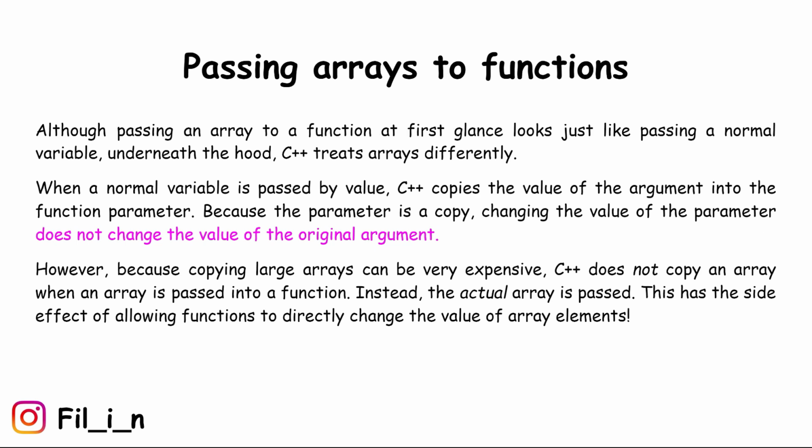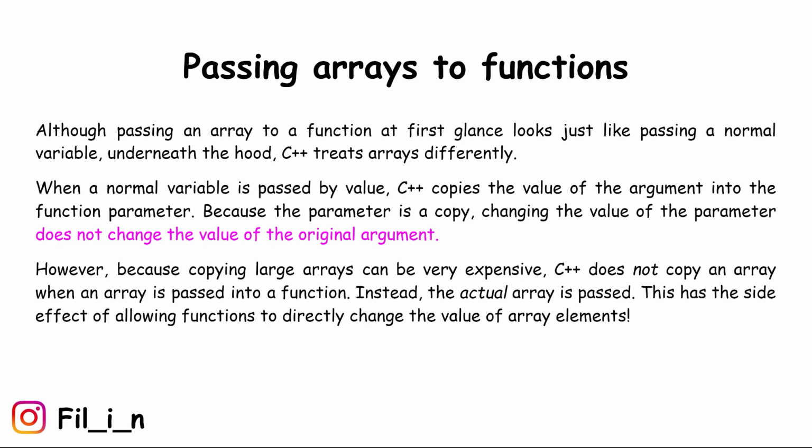Although passing an array to a function at first glance looks just like passing a normal variable, underneath the hood, C++ treats arrays differently. When a normal variable is passed by value, C++ copies the value of the argument into the function parameter. Because the parameter is a copy, changing the value of the parameter does not change the value of the original argument.